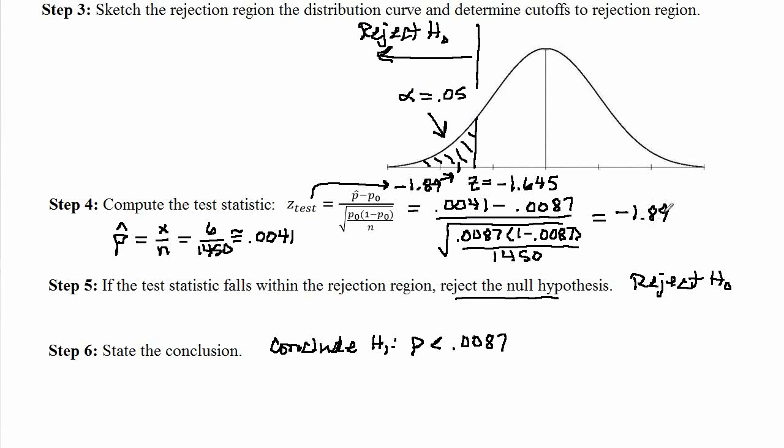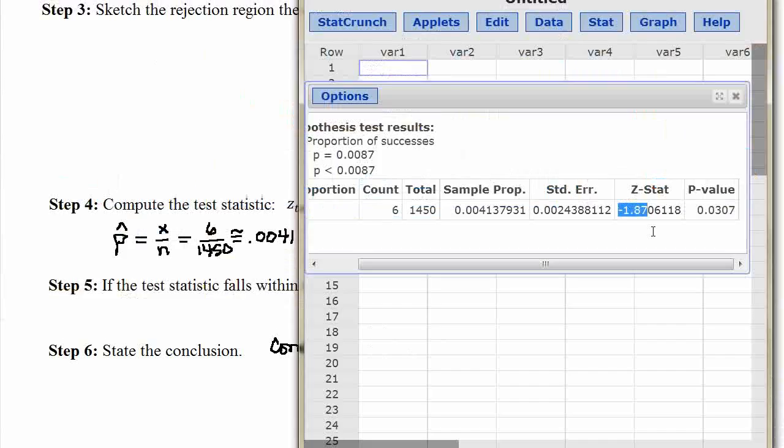And here we got negative 1.89. We're getting just a little bit of round off error because these are 4 decimal places, and then this is a very small number. So a little bit of round off in doing this by hand. The exact value is negative 1.87, and then our p-value here is 0.0307.